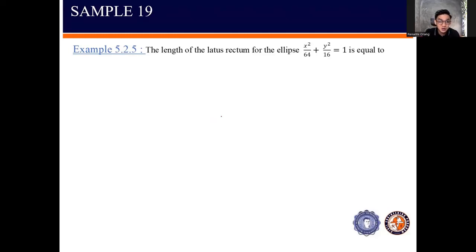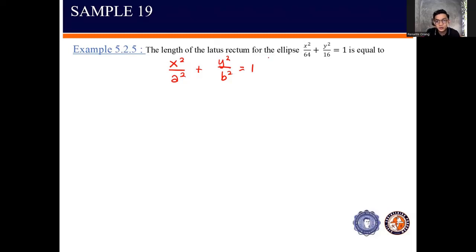So, yung a squared ba nasa kay x or na kay y. So, take note, by inspection, pag titingnan natin yung denominator ni x squared yung mas malaki, di ba? Which is 64. Therefore, siya yung ituturing natin na a squared, while yung kay y squared, that is yung ating b squared. So, yung hinahanap natin dito is length of our latus rectum.